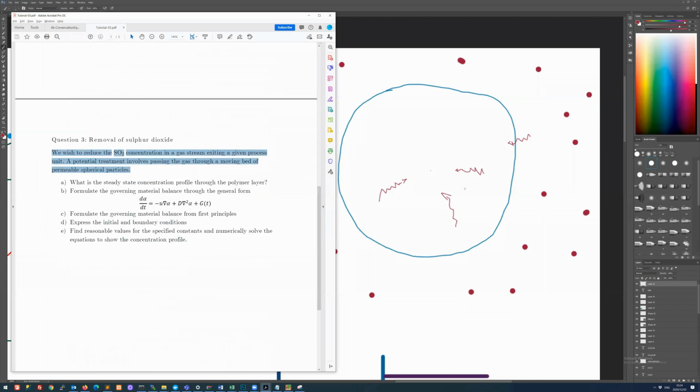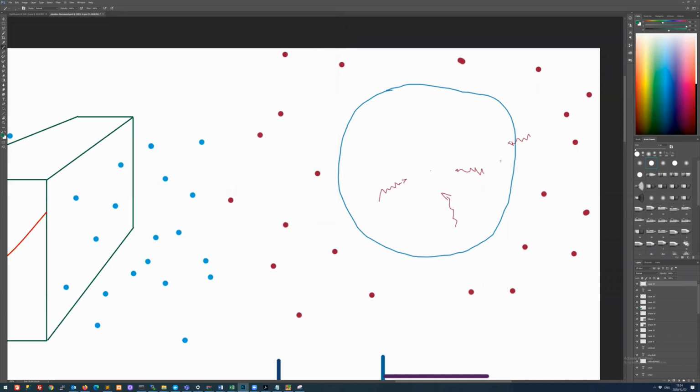So here's the sphere of interest, which is the particle, and then we are going to pick some radial position r, so we can define our control volume. So there's r here, and then r plus delta r is there.